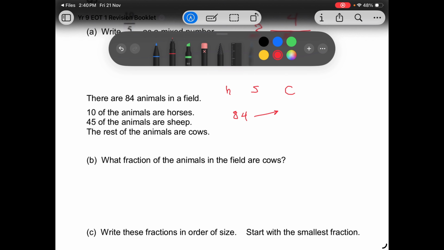So 10 of these are horses, and there are 45 sheep, and the rest, which I don't know how many up until now.